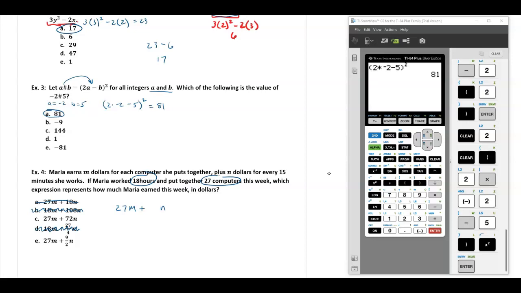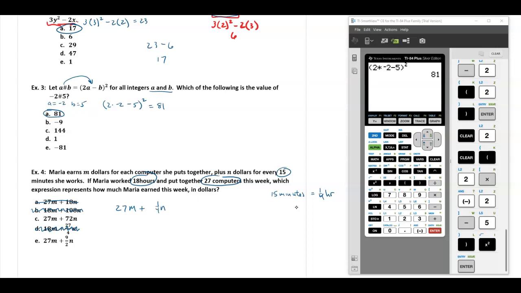Now, here's the thing. I have 72N or 9/2 N to worry about. And what you need to see is this is every 15 minutes. But if you remember, 15 minutes is equal to 1/4 of an hour. So this would be the same as doing 1/4 times N. So it's basically 1/4 of an hour times the amount per 1/4 of an hour.